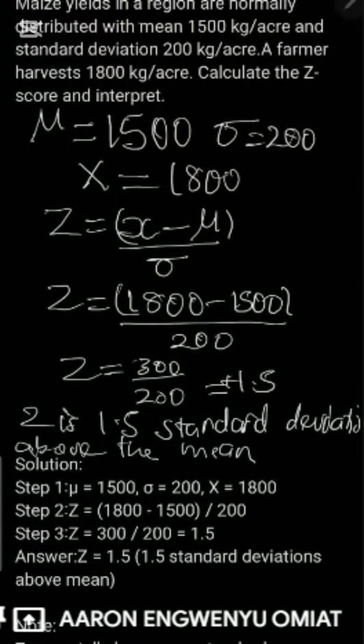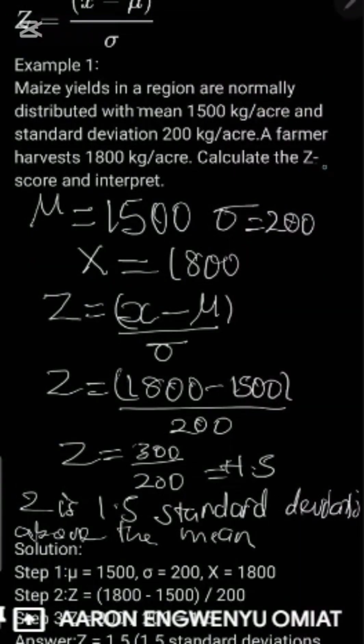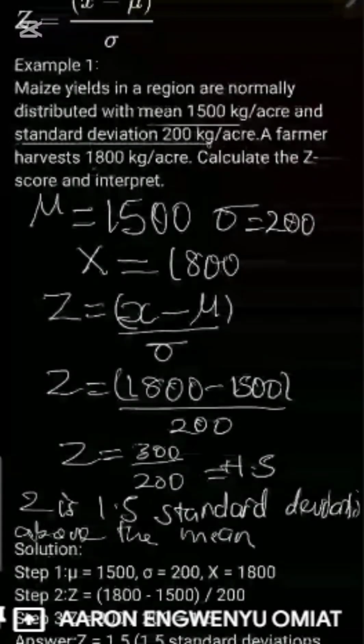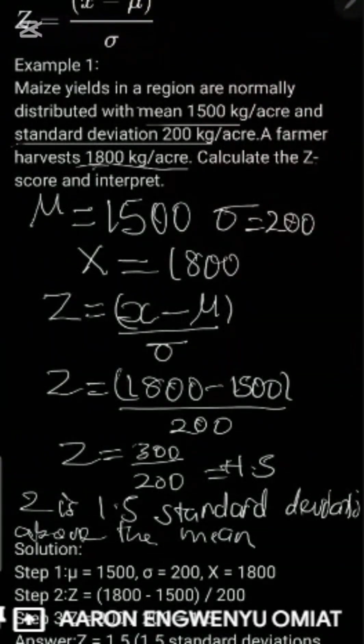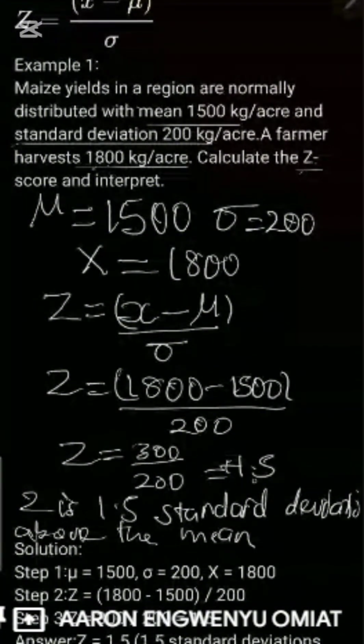So the question was asking that we calculate the Z score and interpret. We're given the mean as 1,500 kilograms per acre, the standard deviation as 200 kilograms per acre, and the X value, which is 1,800 kilograms per acre. And they want us to calculate the Z score. So we got the formula, substituted, and ended up with the Z score.